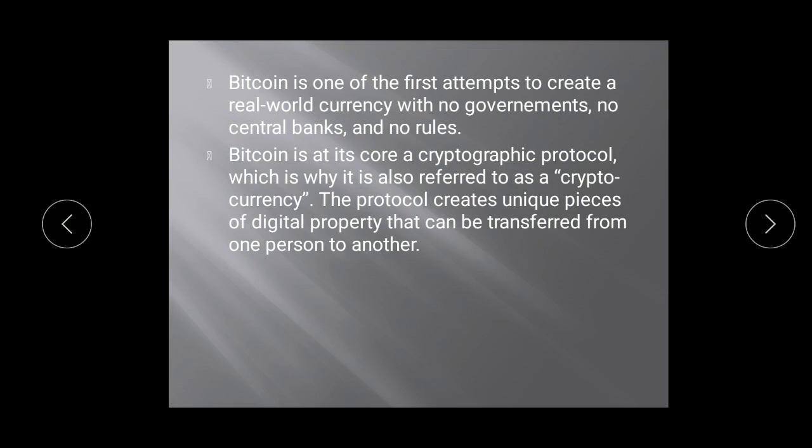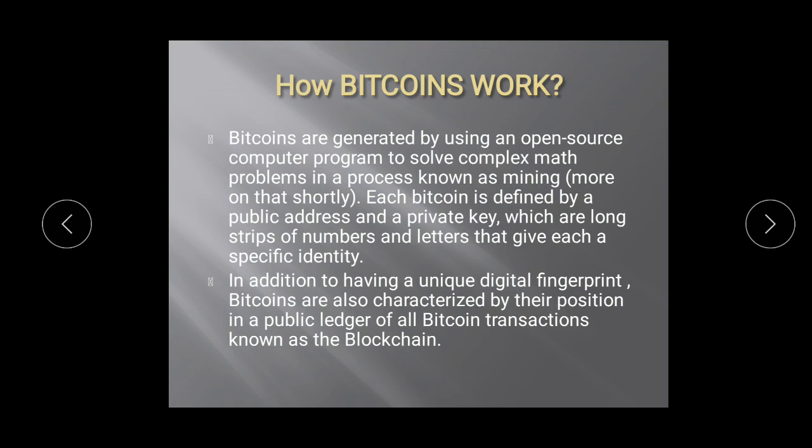So when we look at how Bitcoins work, the second question is, if Bitcoining is a protocol, how can it work? The first thing is, Bitcoins are generated by using an open source computer program.